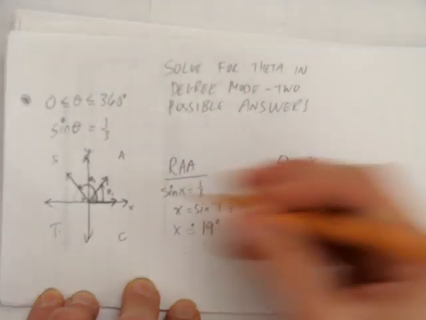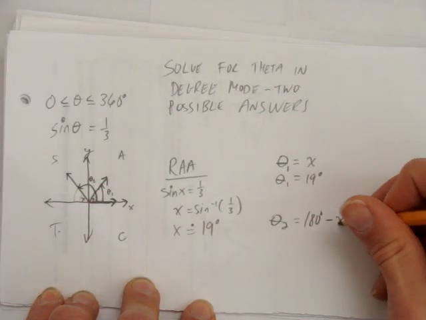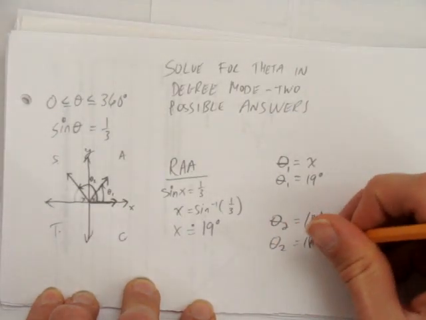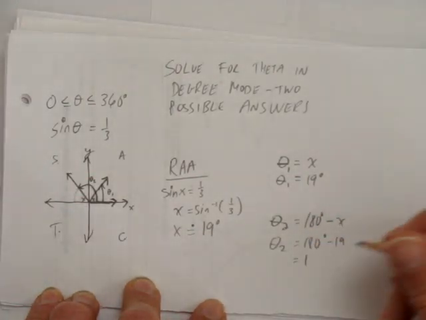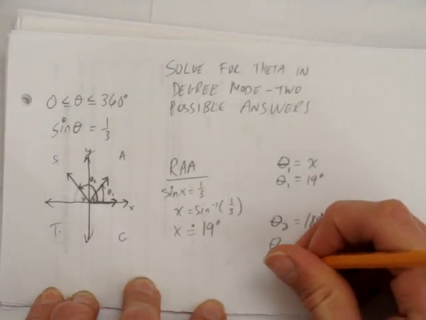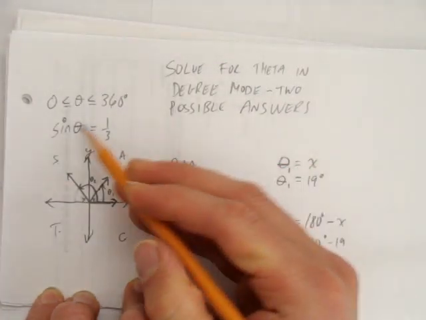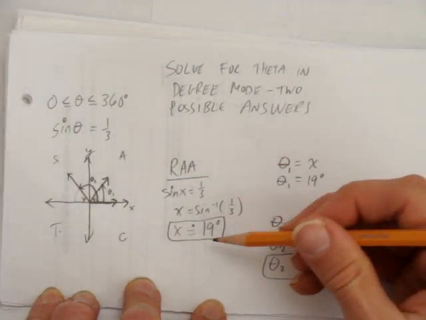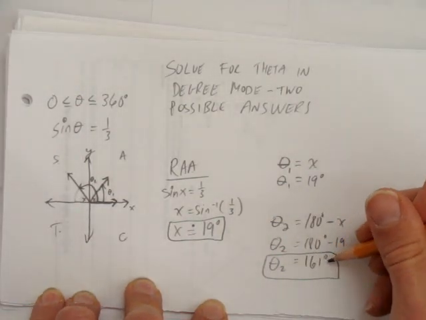You do 180 degrees around except whatever that rotation was in there. So theta 2 is 180 take away 19, which is 161 degrees. So we have two possible answers. Where is sine theta equal to a third? At approximately 19 degrees or at approximately 161 degrees.